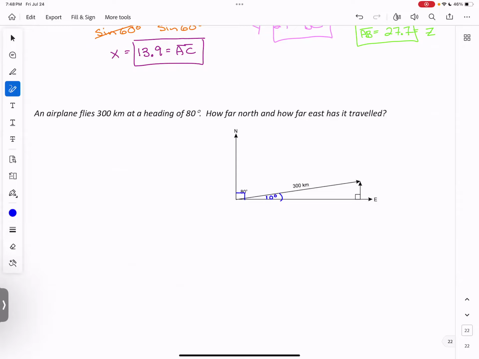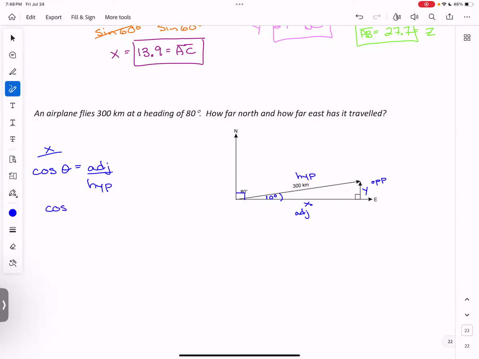Okay, and it wants to know how far east, I'm going to call that x, and how far north, I'm going to call that y. So relative to that 10 degrees, y is my opposite side, x is my adjacent, and the 300 would be my hypotenuse. So let's start by figuring out x. I need a ratio involving adjacent and hypotenuse, so I'm going to use cosine. So cosine of any angle is adjacent over hypotenuse.